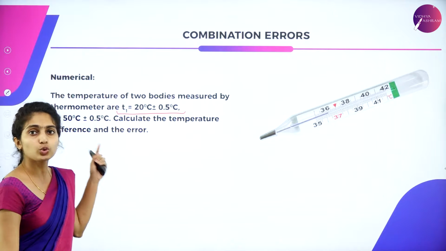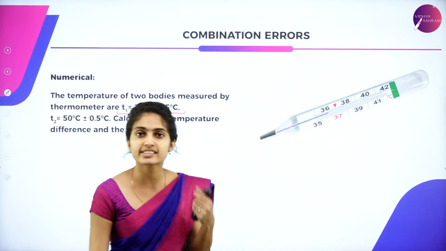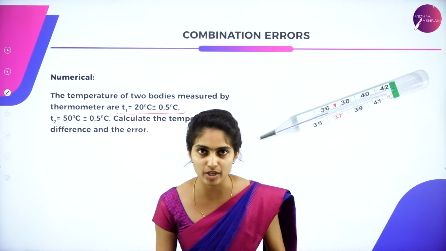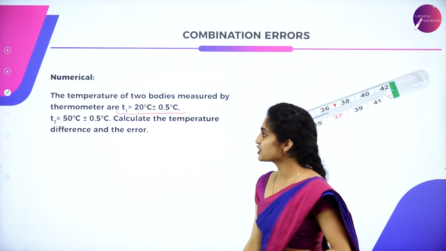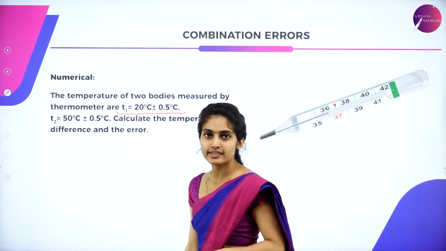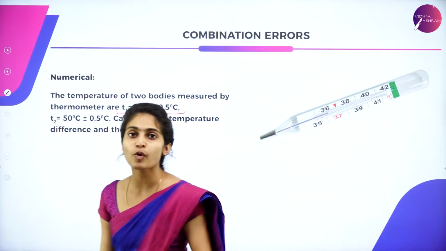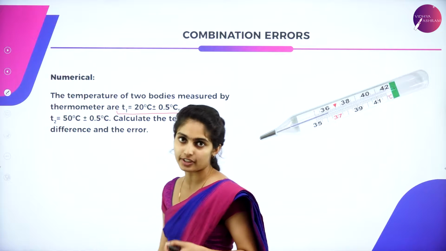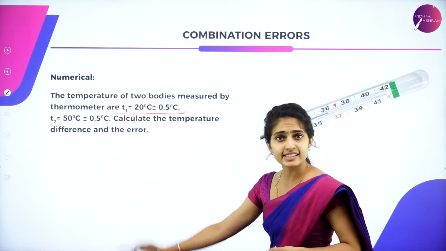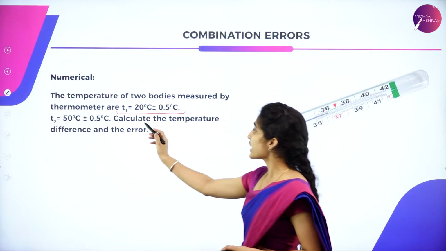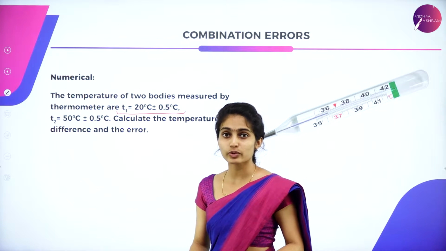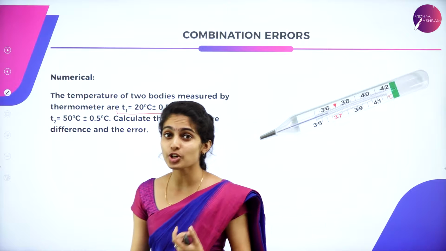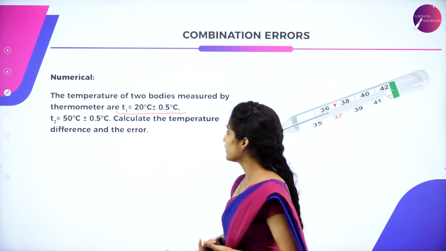And T2, the second temperature, measured with the same thermometer, is 50 degrees Celsius plus or minus 0.5 degree Celsius. Calculate the temperature difference and the error.